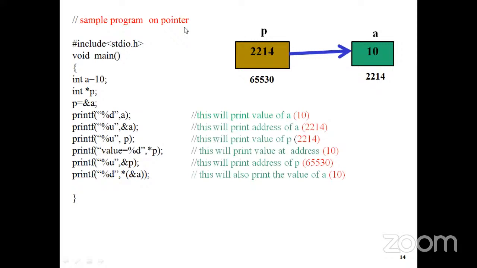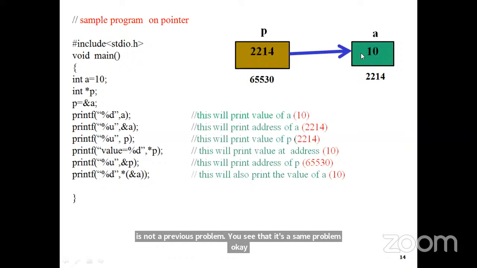Okay, next we'll go for the next concept. Why is the last output 20? It is not, it is the previous problem. You see that this is the same problem. It will be 10 only, because the value of A, 10, will not get changed.